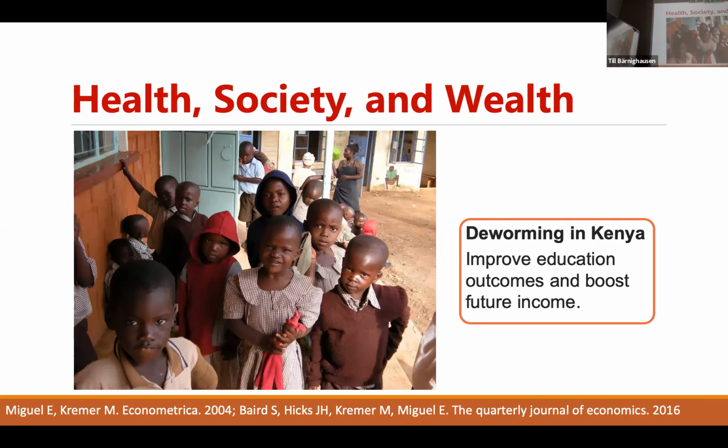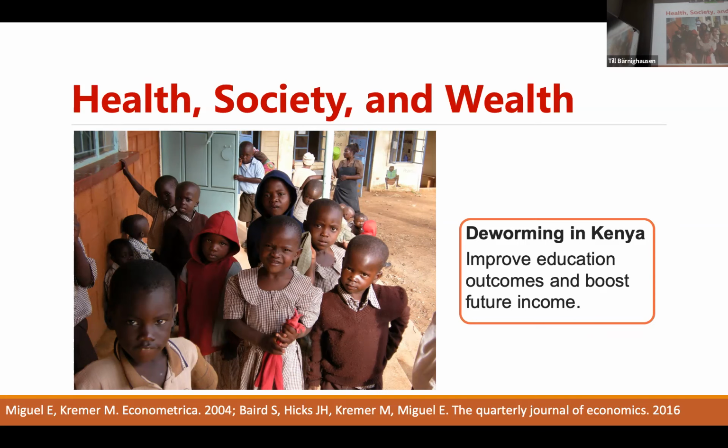So this is a famous example in this domain. This is a deworming program in Kenya, and it's a randomized controlled trial. In the trial, the researchers randomly selected children and prescribed them deworming drugs, because they suffer a lot from worms, and they found that just by giving them the deworming drugs, it can largely improve their education outcomes.